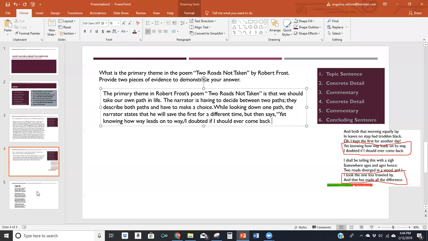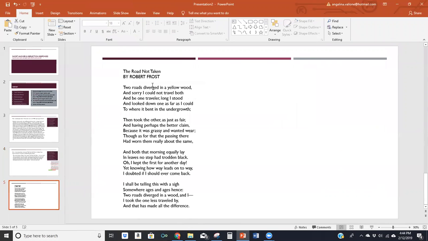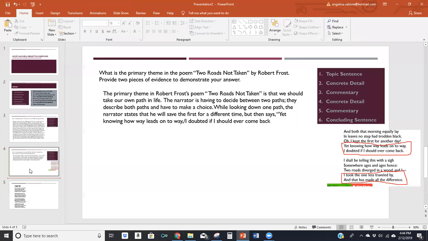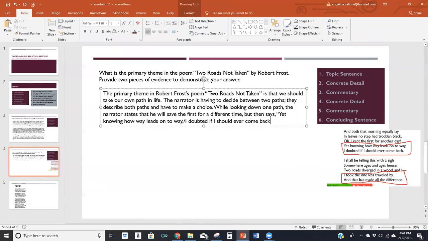I'm going to come down here really quick. That's 1, 2, 3, 5, 10, 11, 12, 13. So lines 14 and 15. Okay, because I want you to see how to correctly cite, since I am using a direct quote. We put parentheses in and lines 14/15.